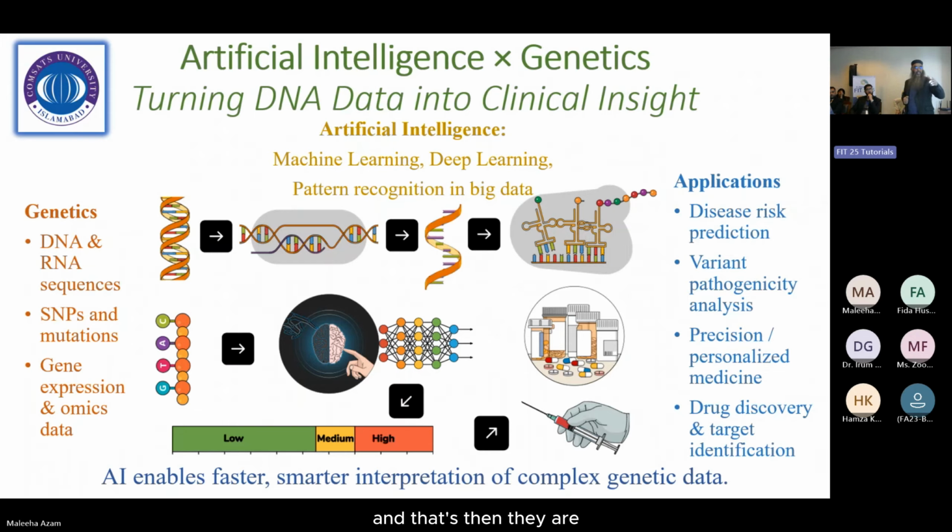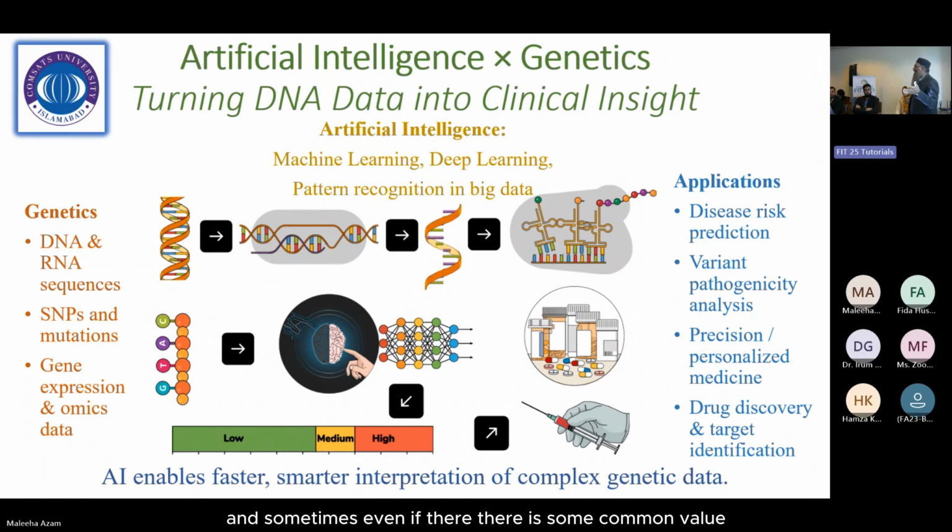Then they analyze the data further to identify therapeutic targets, and then they design different molecules that can be used to treat the disease. So this is the whole scenario.